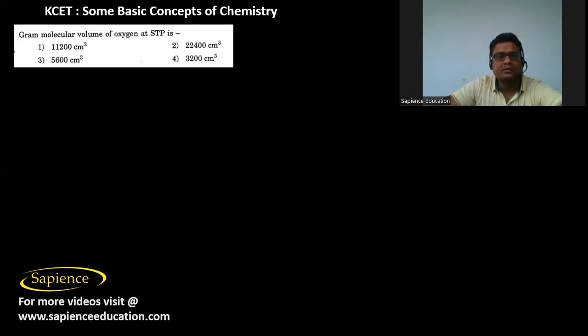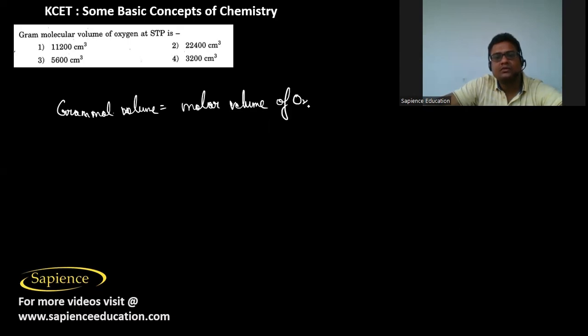The gram molecular volume of oxygen at STP is? Now, gram molecular volume also means the molar volume. We have to find the molar volume of oxygen. So now we know that molar volume of any ideal gas at STP is 22,400 centimeter cube.